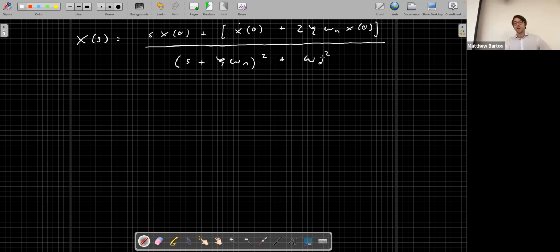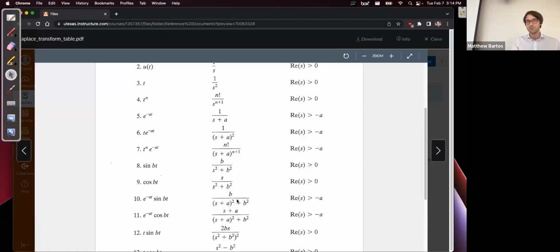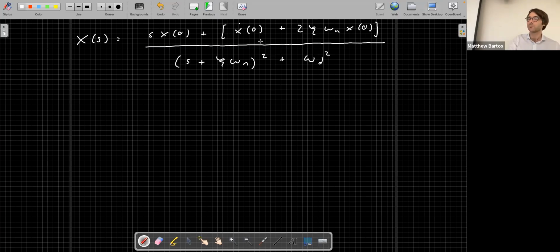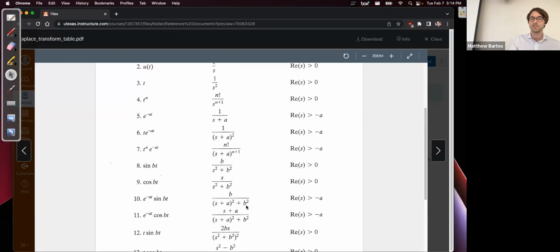So now we have that the denominator corresponds to these two denominators here. All we need to do is rearrange the numerators so we can separate out this numerator to put it in these forms. And from there, we can take the inverse Laplace transform to find the response.